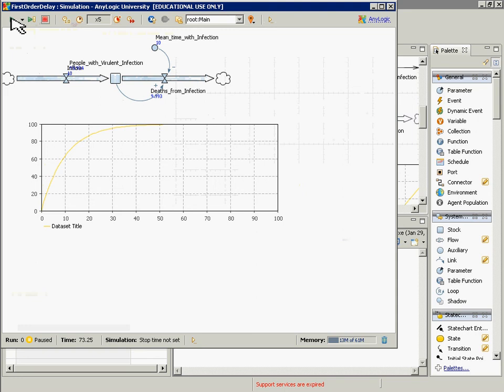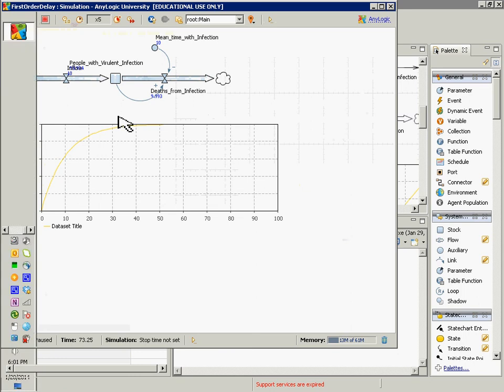But as the stock gets closer and closer to the equilibrium point, the value of the outflow will get more and more close to the value of the inflow, and so it will rise less and less quickly, but it will come just coasting in towards that value where the two are completely equal, right? As long as the inflow is greater than the outflow, it's going to drive it up.